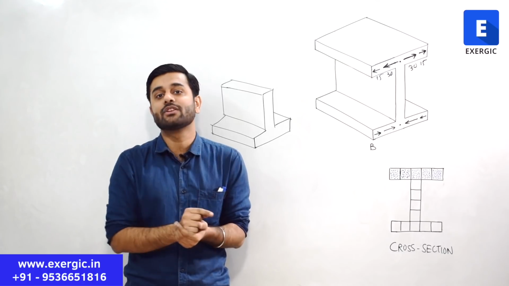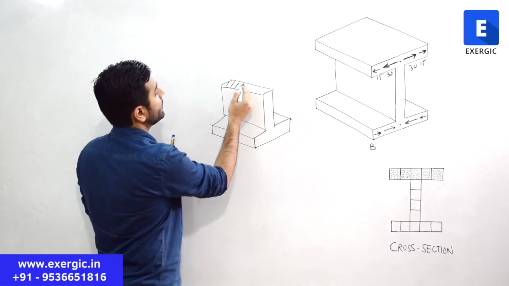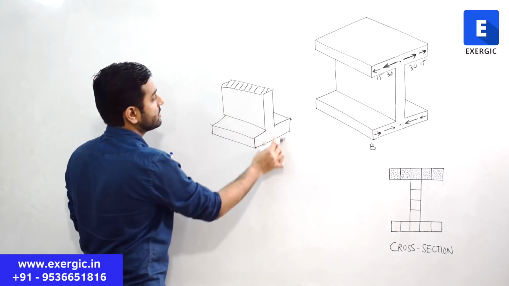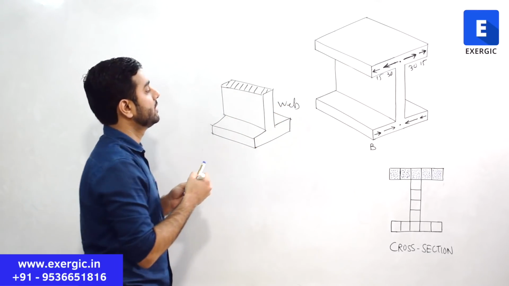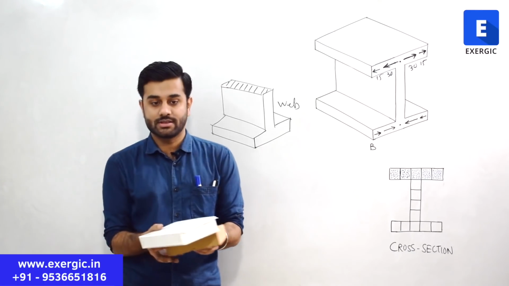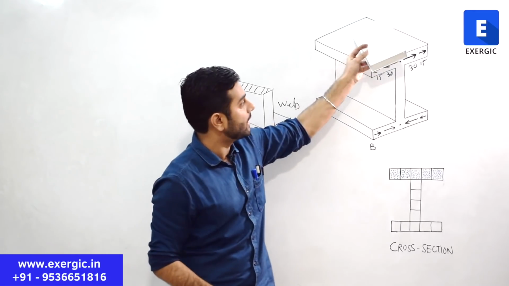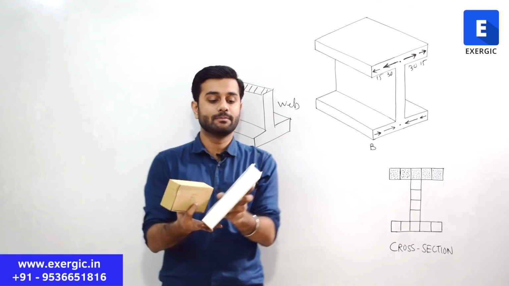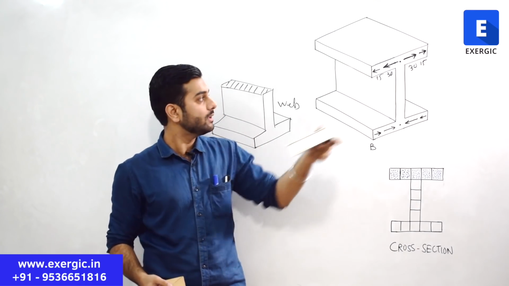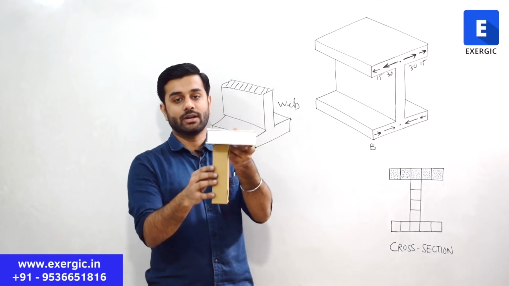And that resistance will be given by the top area of this web, because let me demonstrate that using these two boxes. Suppose this upper part is the flange, and this vertical part here is the web.